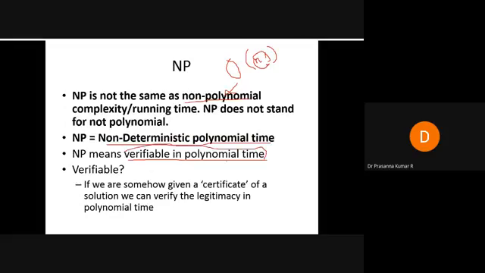So it has a solution, but for getting the solution, it won't have a polynomial time. It will take more time than a normal polynomial time problem. But for checking whether the solution is correct or not, that is to verify, it requires polynomial time. This is the meaning of this statement.